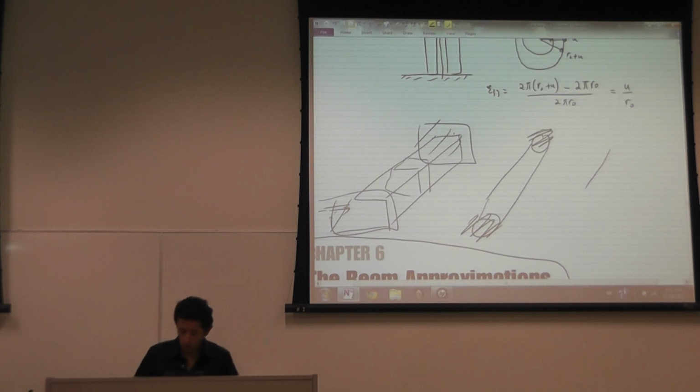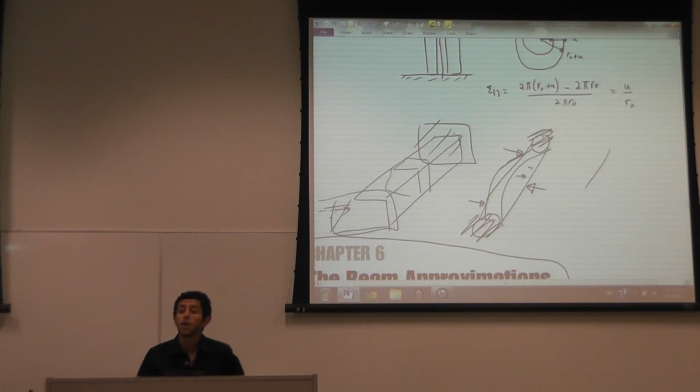As long as all the loads are the same. Because if I have a force here, like something like that, for example, I can't consider this as plane strain because it's going to do something like that.